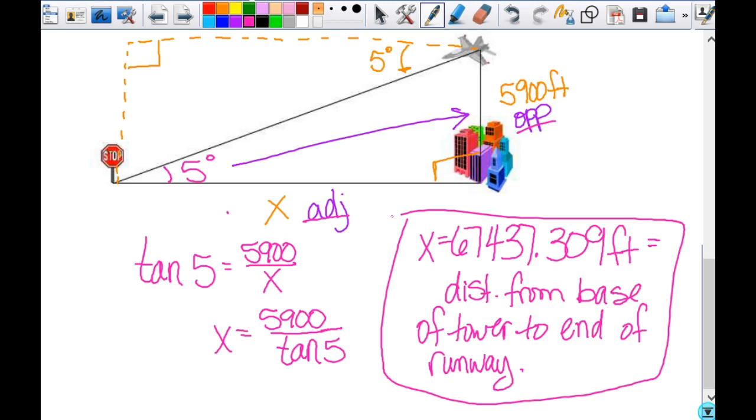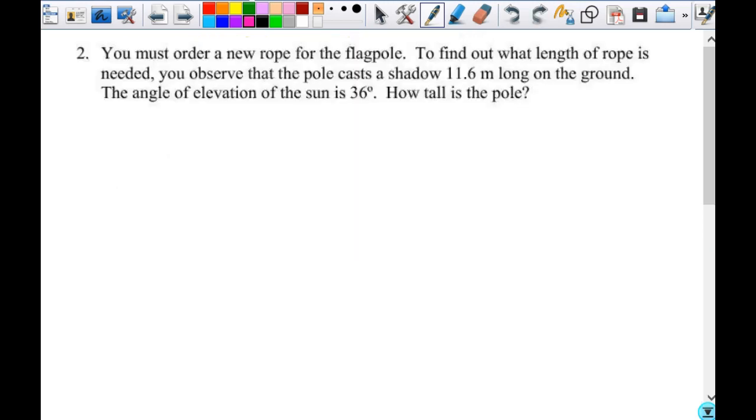It says you must order a... look at the words anymore and draw me a perfect picture. So here's my flagpole.